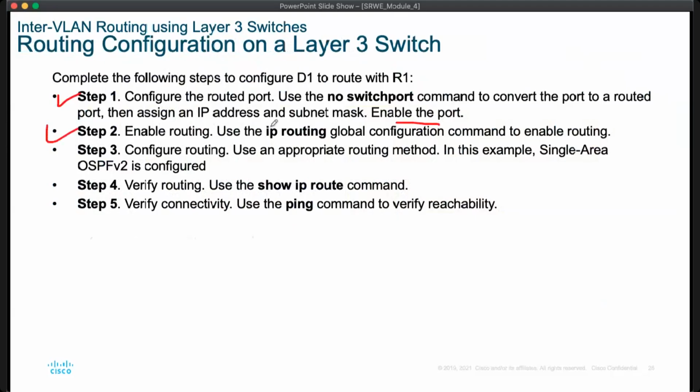Use the ip routing global configuration command to enable routing. Step 3, configure routing. Use an appropriate routing method. In this example, single area OSPF version 2 is configured. Step 4, verify routing. Use the show ip route command. Finally, step 5, verify connectivity. Use the ping command to verify reachability.